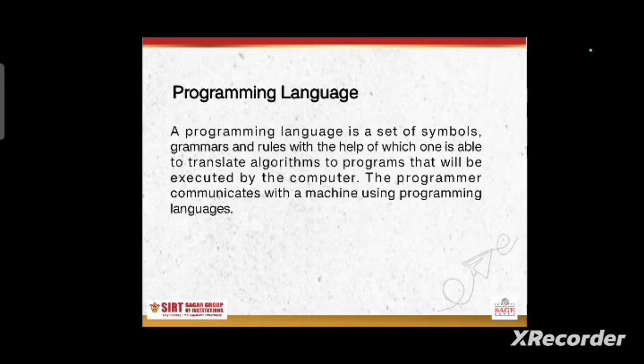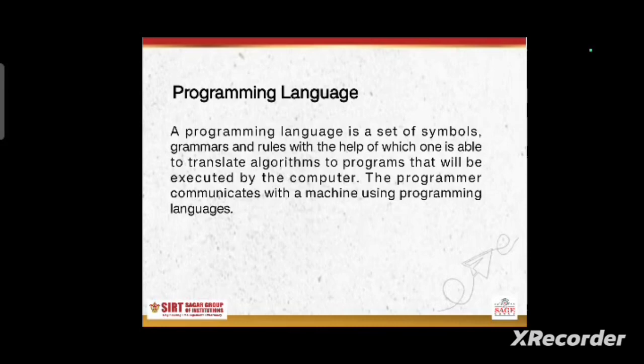If I'm talking about the basic definition of programming language, then it is a set of instructions, or a collection of instructions, called a programming language. We are working on a computer or a system which understands machine language, but we humans know human readable language.